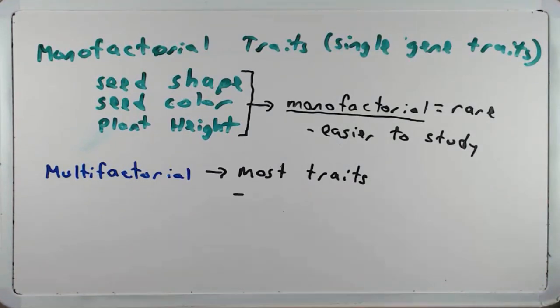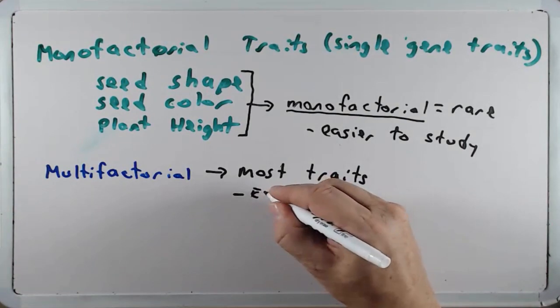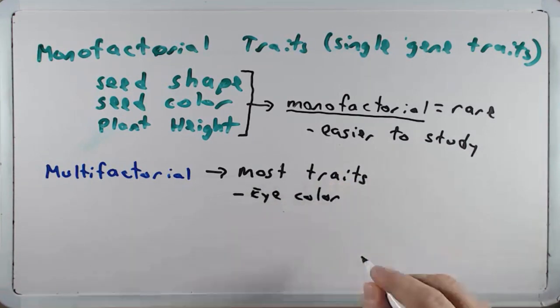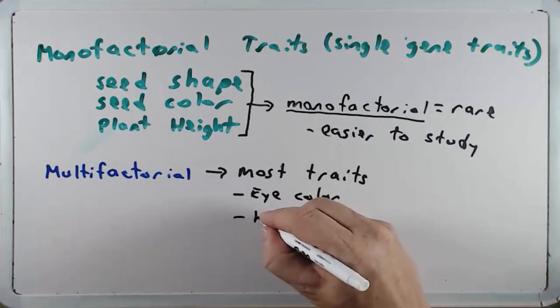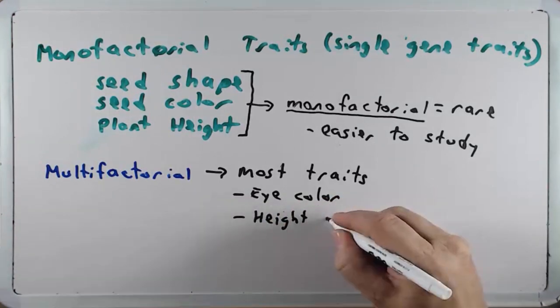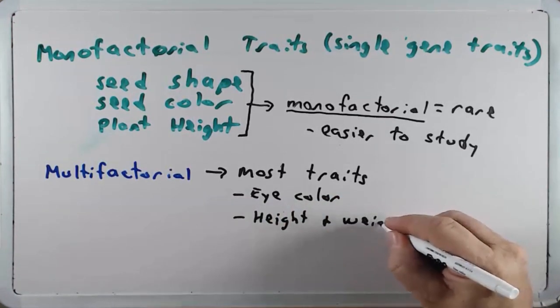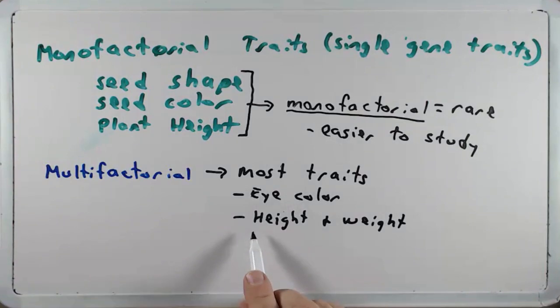We can think of simple traits like eye color. There are many genes involved in determining someone's eye color. Our height and weight. We know that there are many genes that play a factor in height and weight. We also know that there are environmental factors that also need to be considered.